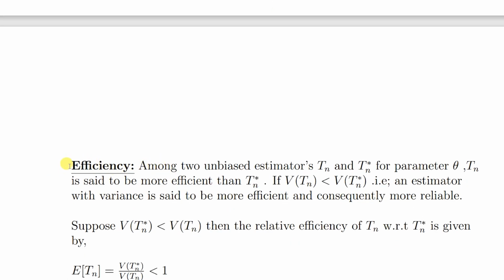Efficiency is defined among two unbiased estimators Tn and Tn star for parameter theta. Tn is said to be more efficient than Tn star if variance of Tn is less than variance of Tn star. That is, an estimator with the smaller variance is said to be more efficient and consequently more reliable.